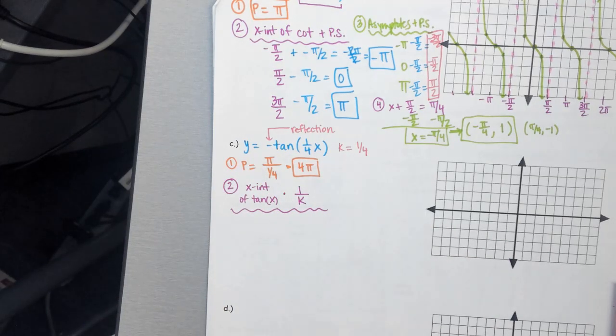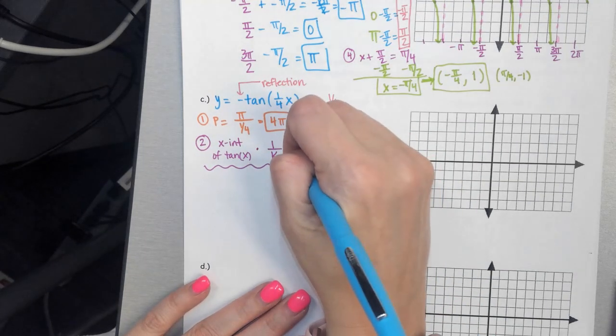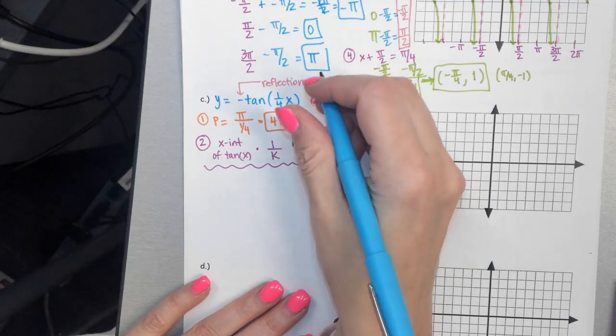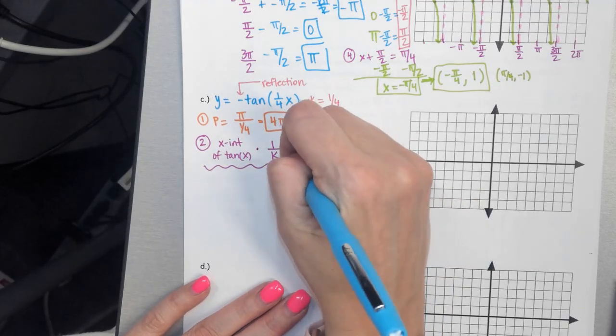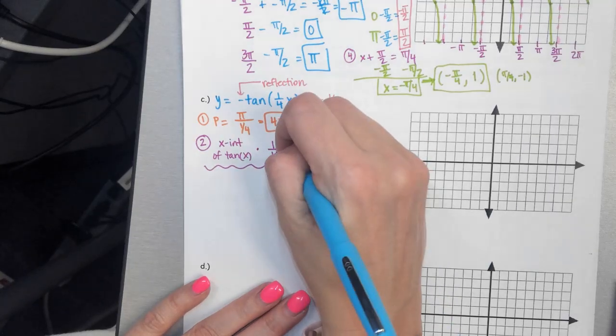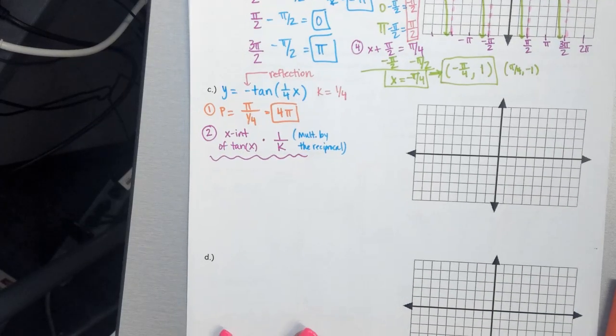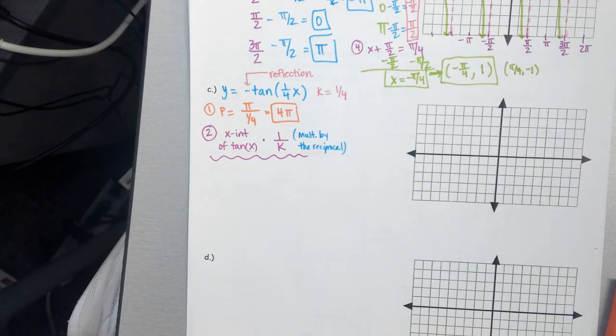So if your k value is not 1, you are going to take the x-intercepts and you are going to multiply by the reciprocal of k. Okay, and that's because there's a horizontal stretch happening, so that does affect your x-intercepts.